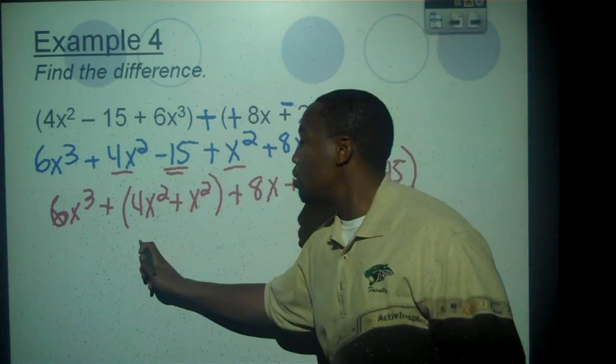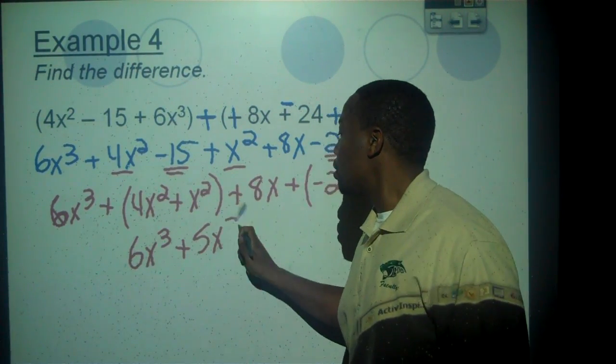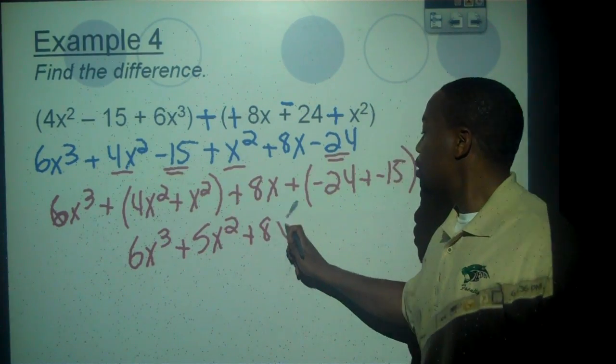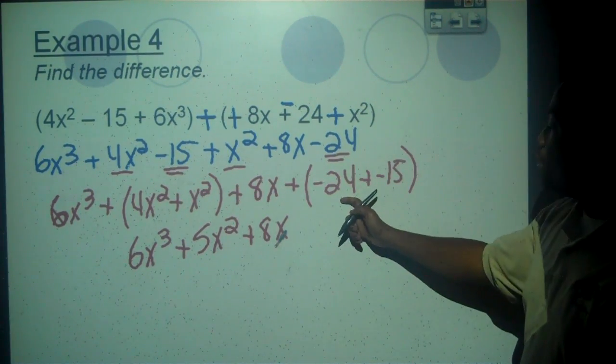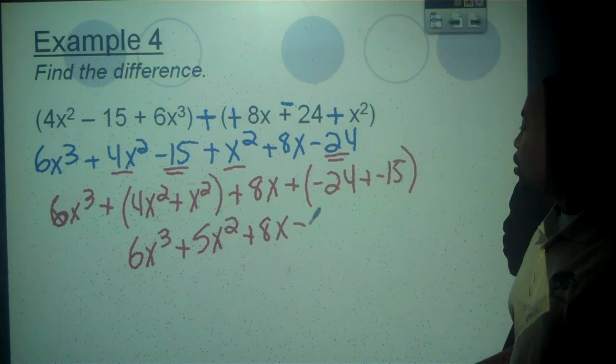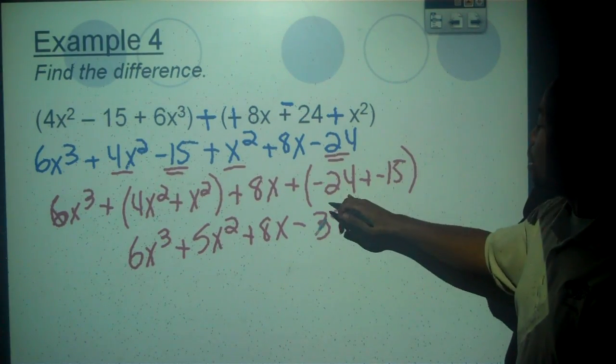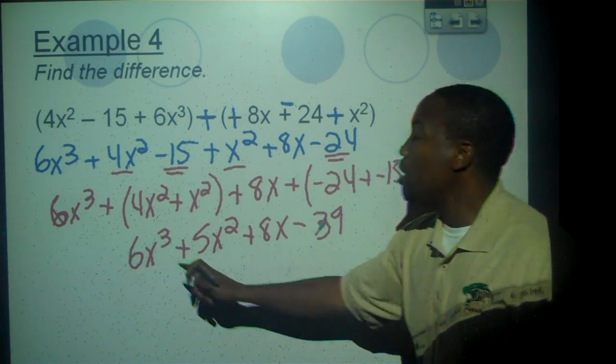So when I bring that all together, it would be 6x to the third plus 5x squared plus 8x. And then as you see here, negative 24 plus a negative 15 turns into a negative 39. Right? That's correct. And here is my answer.